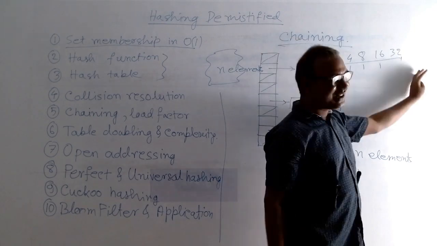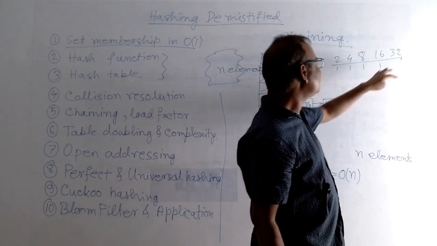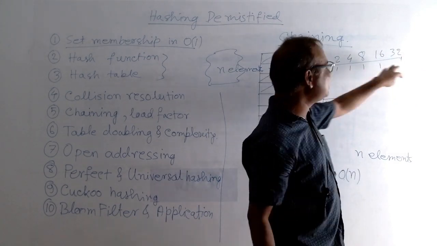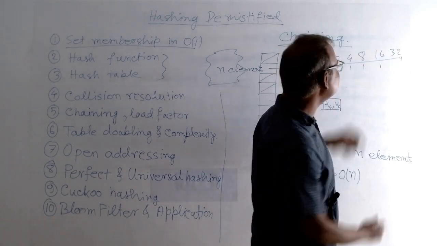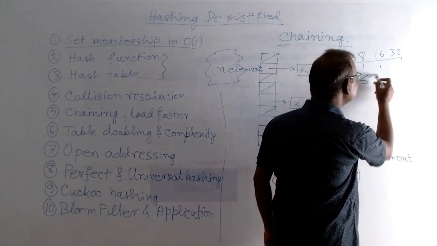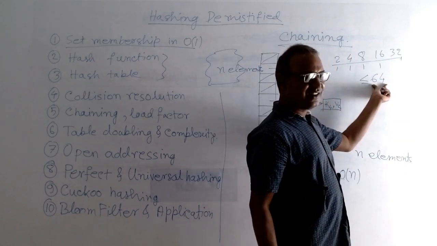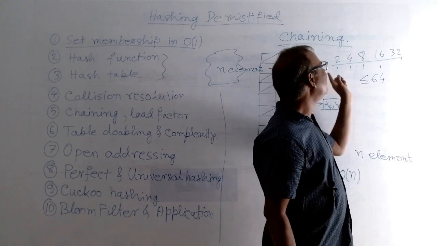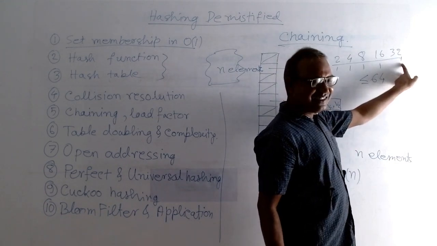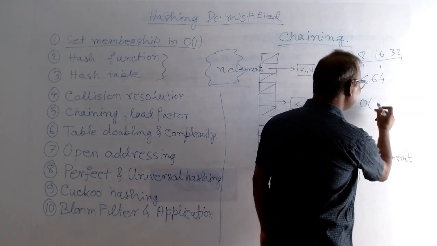So how many total operations including doubling? If we sum all these, it will be less than or equal to 64. So the total number of operations performed is 64 and our table size is 32, so the cost per operation is order of 2.